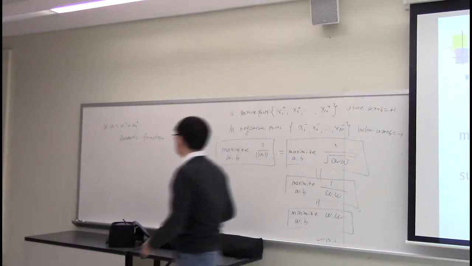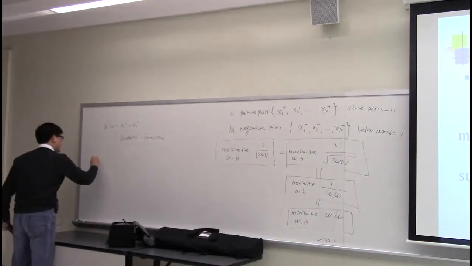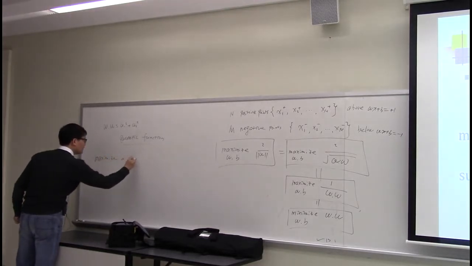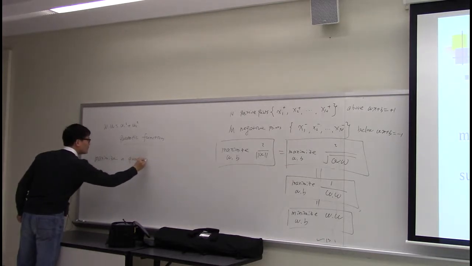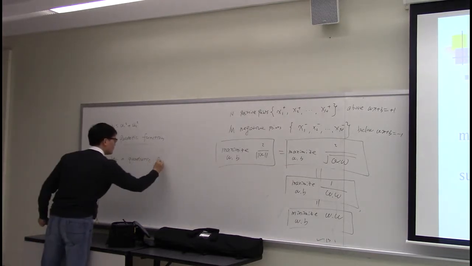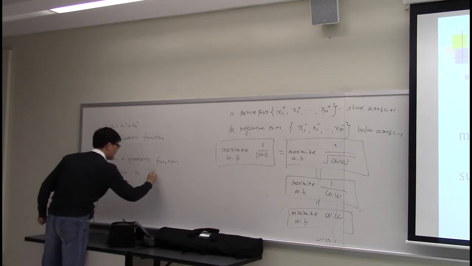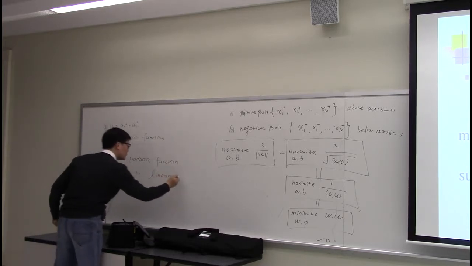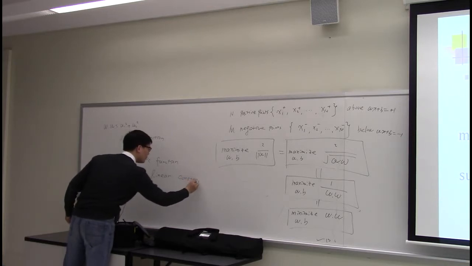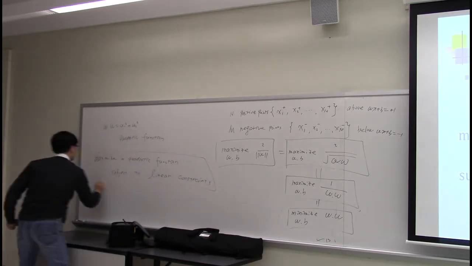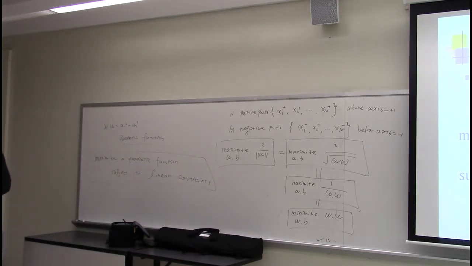So this is why we minimize a quadratic function subject to linear constraints.